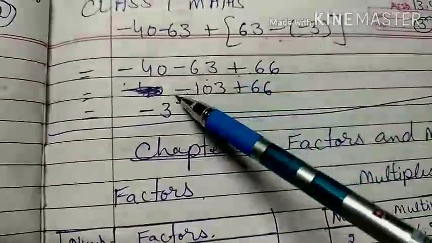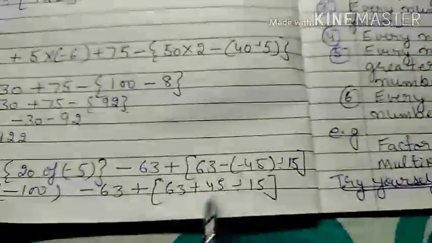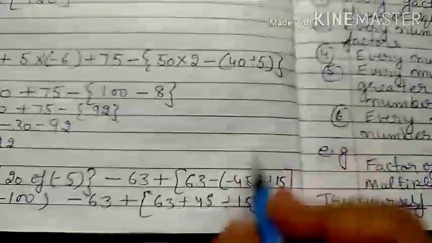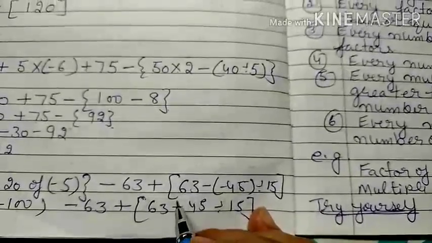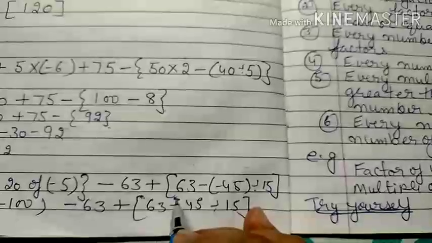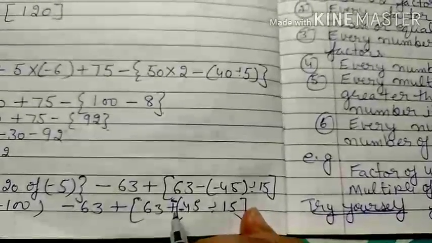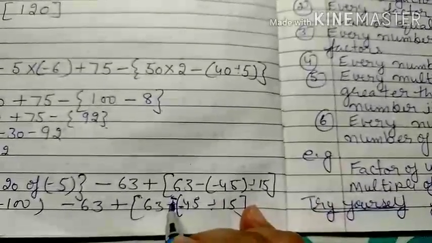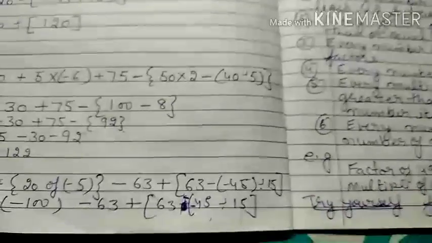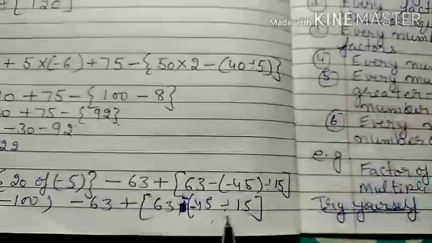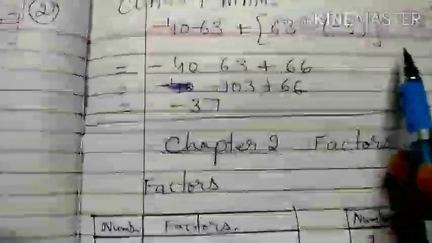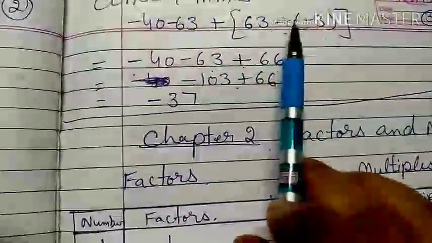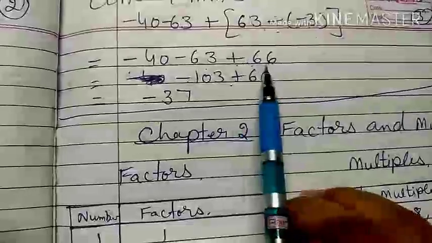Here if it is minus 45, you can also keep the negative sign as it is, so it will be easier to first solve this negative. So 15 divided by minus 45 gives me minus 3, and 63 minus minus 3 gives me 66.